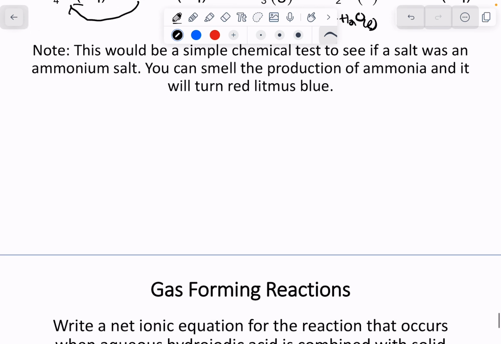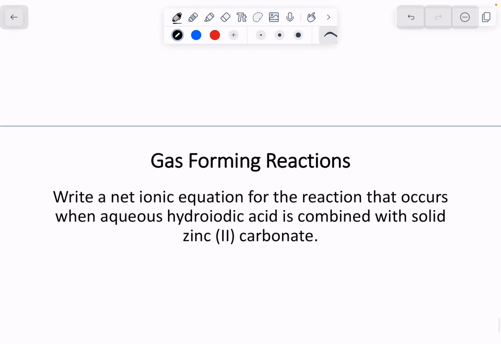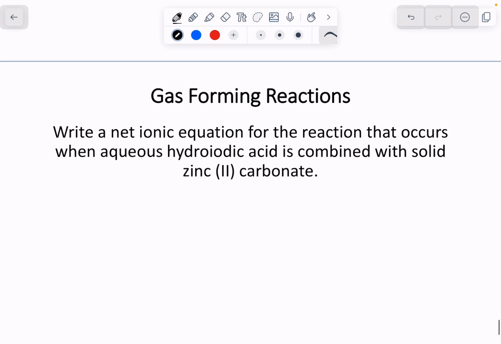Okay, so write the net ionic equation for the following: hydroiodic acid combining with solid zinc carbonate. The first thing we do is write the molecular equation, or just the typical equation. Why I put the 2 there, I'm jumping ahead, is you have HI aqueous plus solid zinc carbonate.